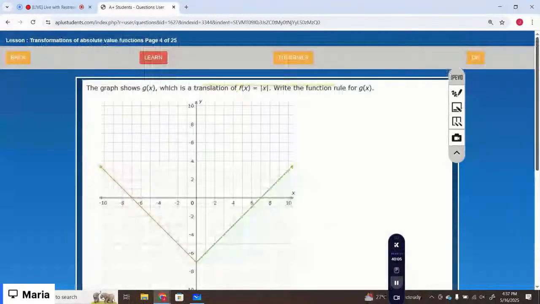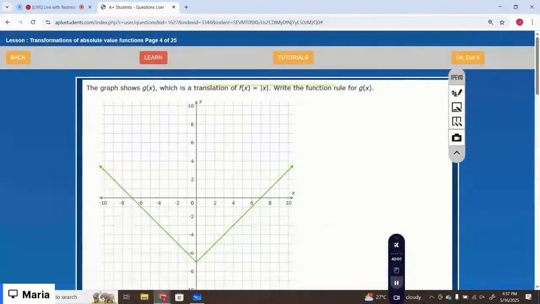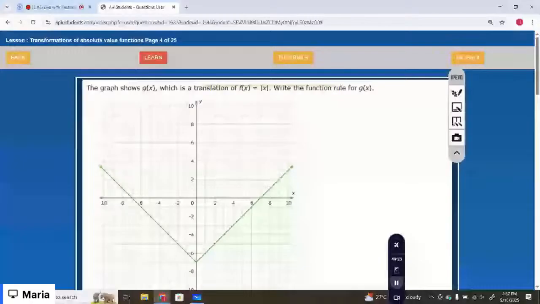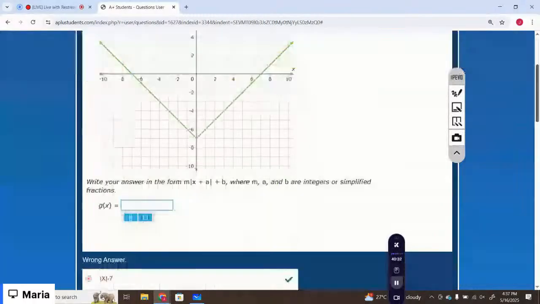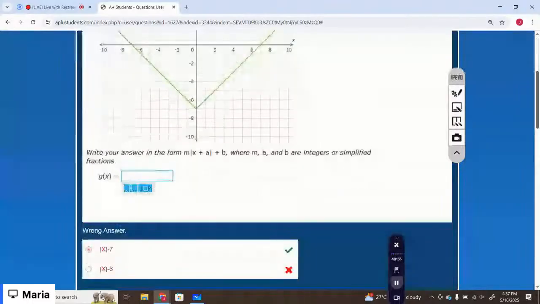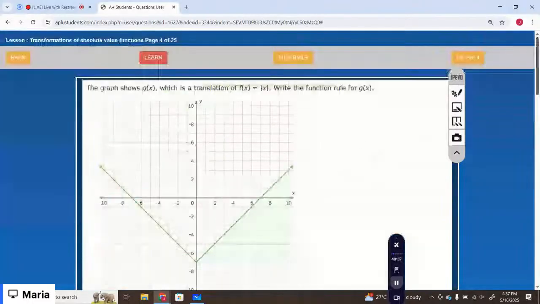Okay, the next one. The graph shows g of x, which is the translation of f of x equals absolute value of x. Write the function rule for g of x. That is absolute value of x minus 7.